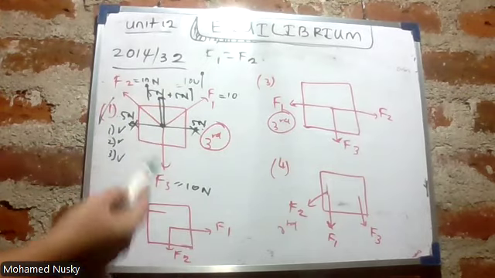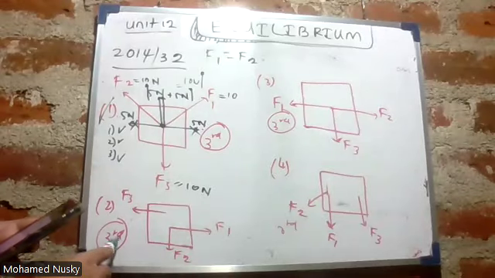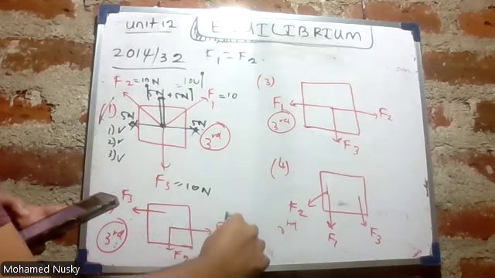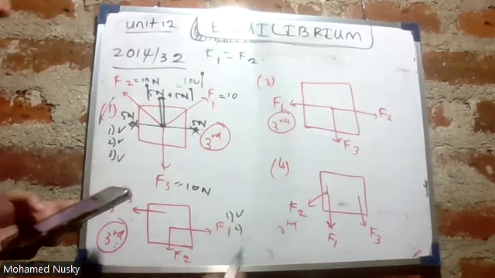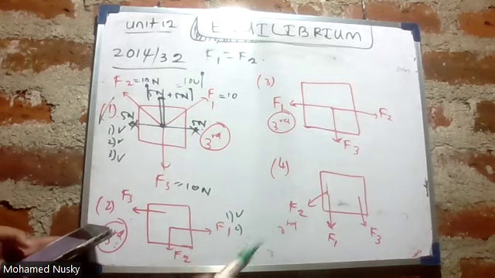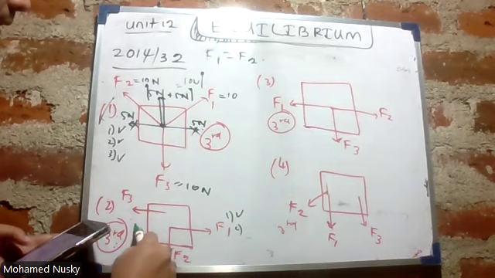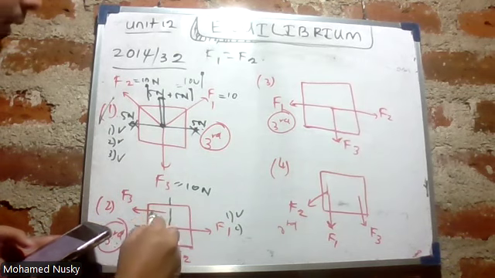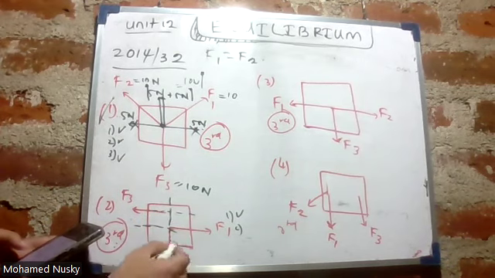Now we'll see the second one. Under the third category, what are the conditions to be applied? Three forces must be coplanar. That is correct. Line of action of the three forces must meet at a common point. No, it's wrong. Here, this is the line of action of force F1, this is the line of action of force F2, and this is the line of action of force F3.